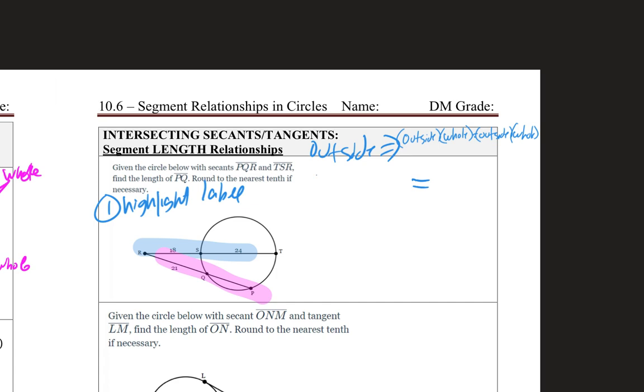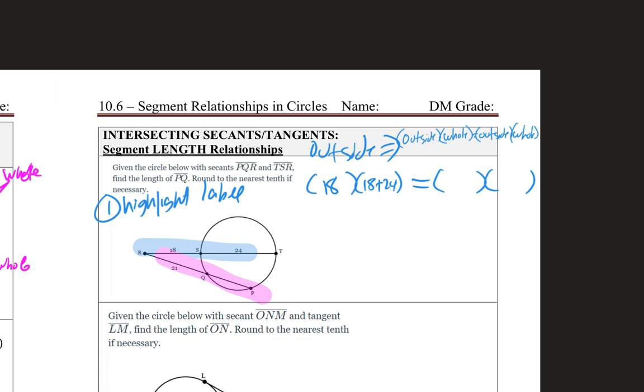So we're going to say outside times the whole equals outside times the whole, right? So the outside of the blue one is 18. The whole part of the blue one is not 24. The whole thing is from R to T, so it's 18 plus 24, right? So don't miss that.